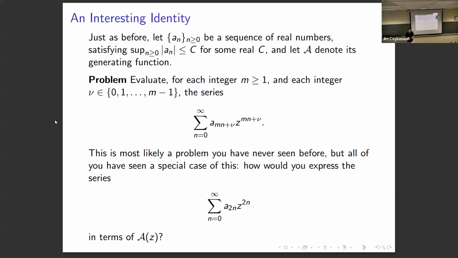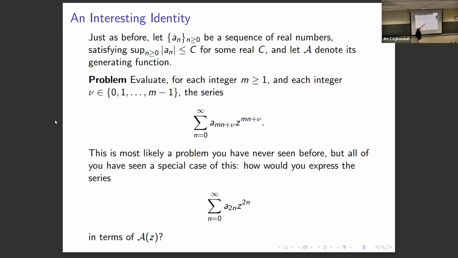So I know that A of z is equal to the sum over n of a_n times z to the n. But I'm going to look at what happens if I sum over some of the terms instead of all of them. So I'm going to fix an integer m greater than or equal to 1, and I'm going to fix an integer nu in the set from 0 to m minus 1.